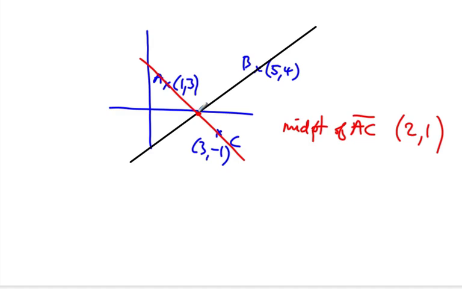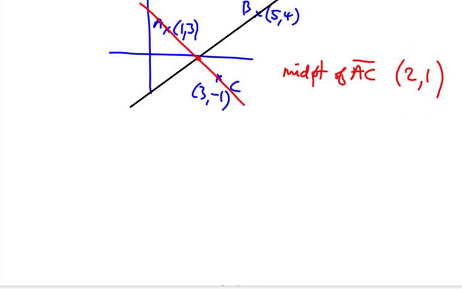So now we just have to find the equation given 2 points. How do we find the equation given 2 points? Well, the question asked us to find the equation of the median going through B. We've identified the second point. We've got a choice here. Ultimately, we're going to use this formula here.